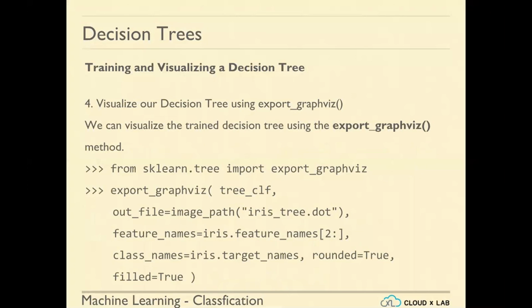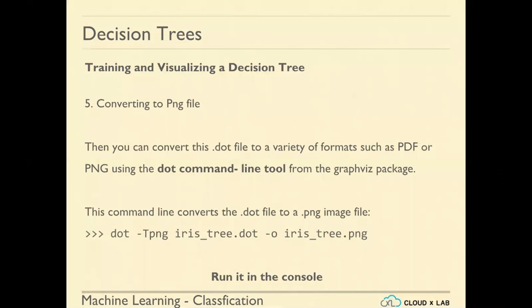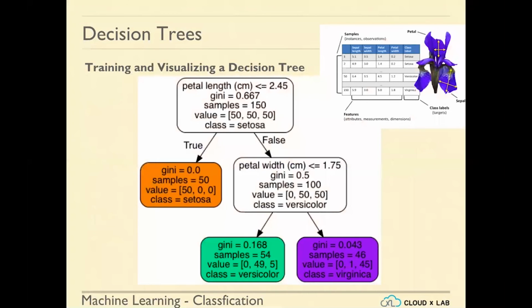We are asking it to prepare the chart for us. Now we can convert the dot file into something. We have all of this code written in the notebook. There is a command called dot, which lets you convert the dot file into PNG. And this is how we are training and visualizing a decision tree.